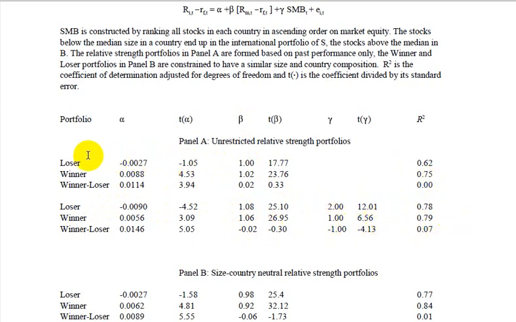So looking at this, the first thing we notice with this first section is that the alpha is 1.14%, so that's an abnormal return after accounting for the beta risk, which, since the t statistic of the market beta is so small, we could say that this beta figure is most likely 0.